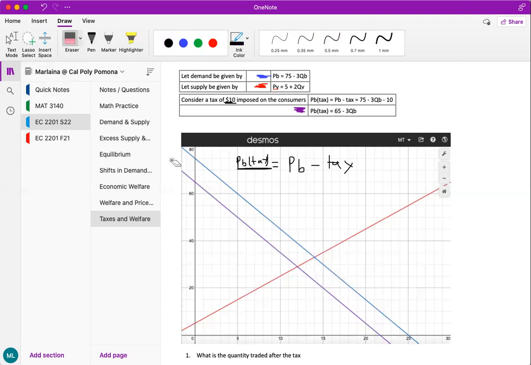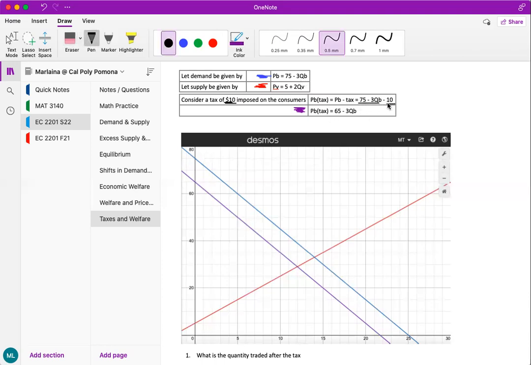So that's why this shift here represents the amount that the consumers are paying that's actually going to the suppliers. The way we represent that is just the original demand curve minus the tax amount. In this case, our original curve is 75 minus 3QB.